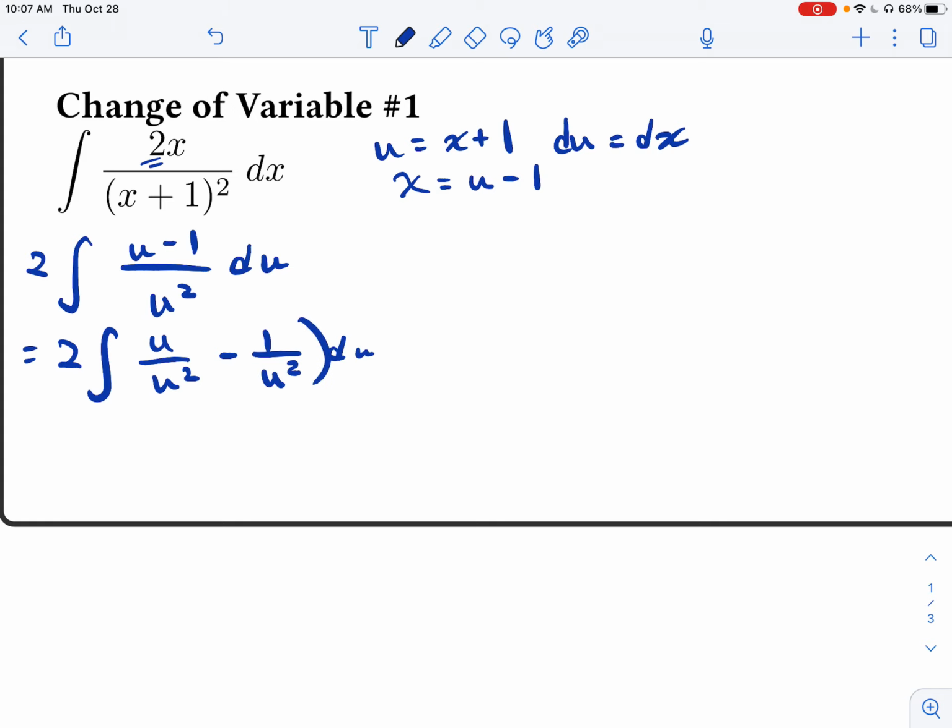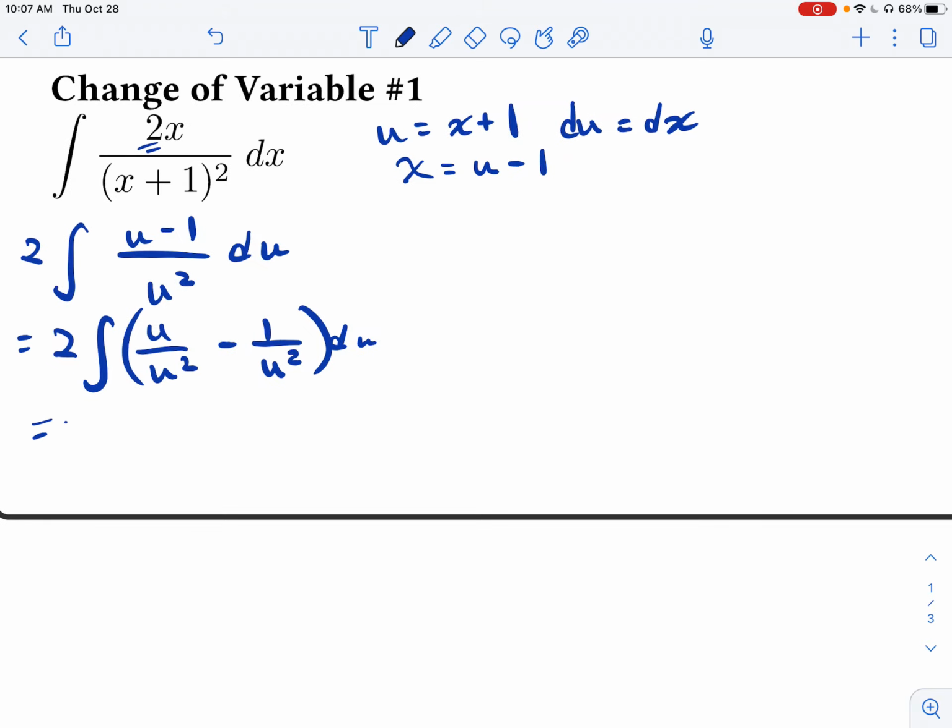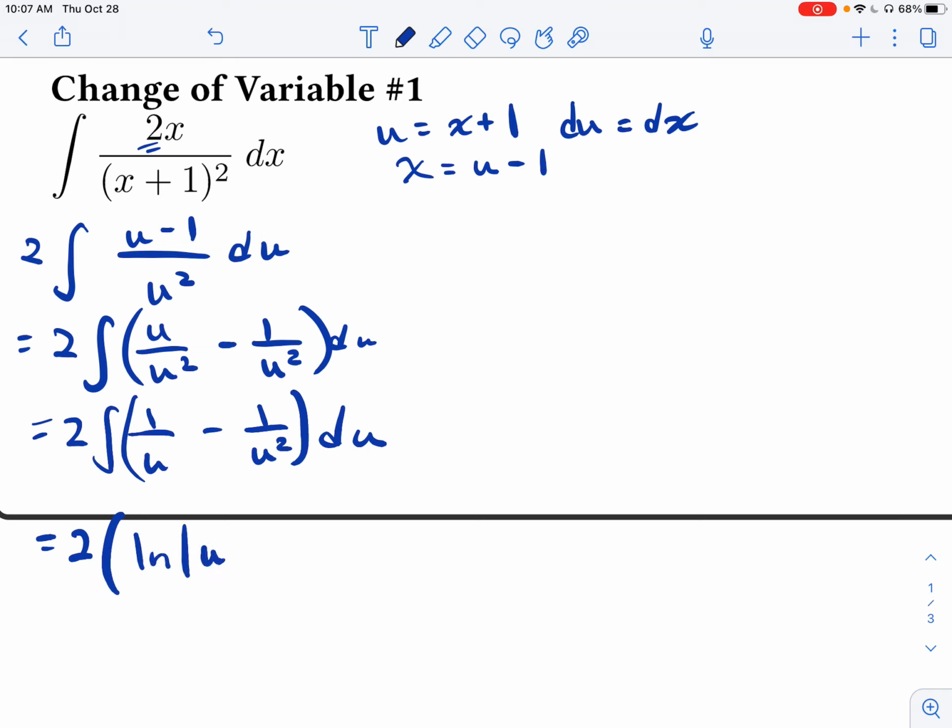And I can put this in parentheses if it's confusing for anyone, but that du kind of implies everything prior to that is simply our integrand, which then simplifies to 1 over u, excuse me, minus 1 over u squared, all of this du. Okay? And if we go ahead and integrate each one of these terms now, we get the following. We'd say 2 times the integral of 1 over u is simply the natural log of the absolute value of u. Okay?